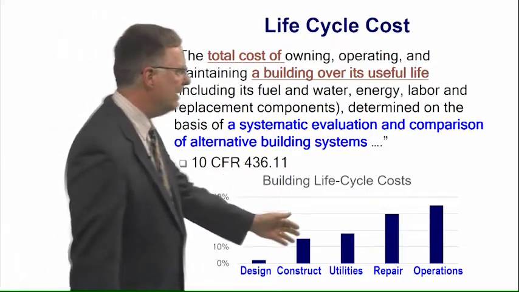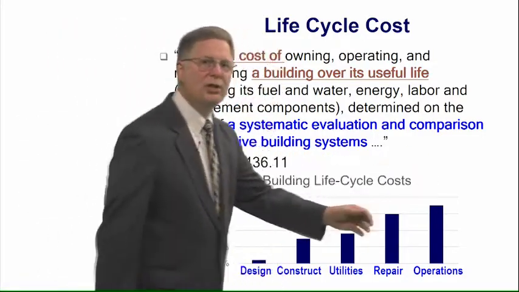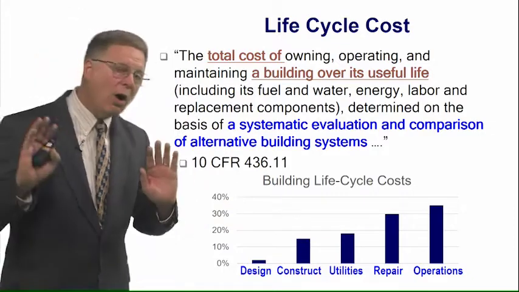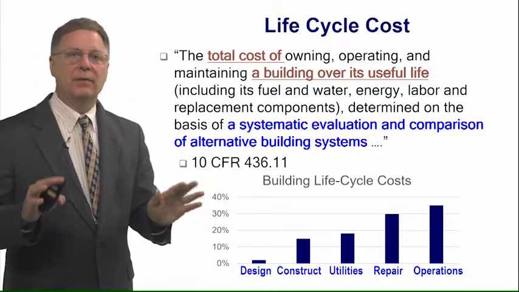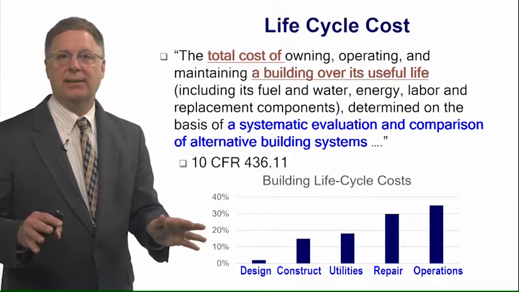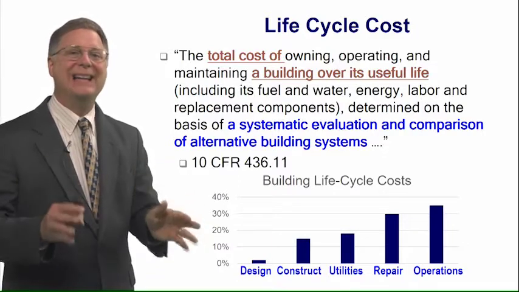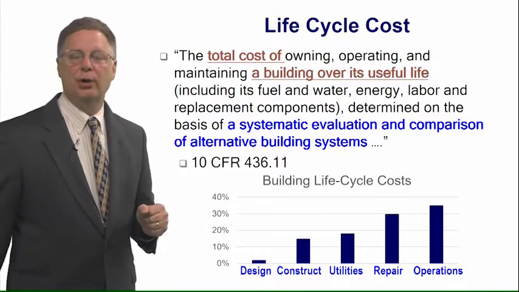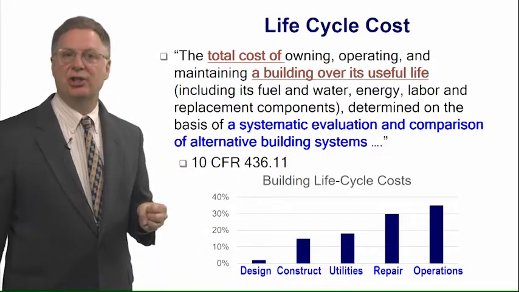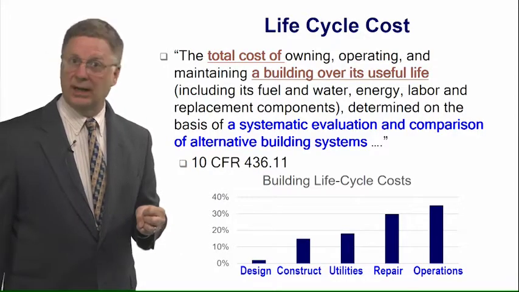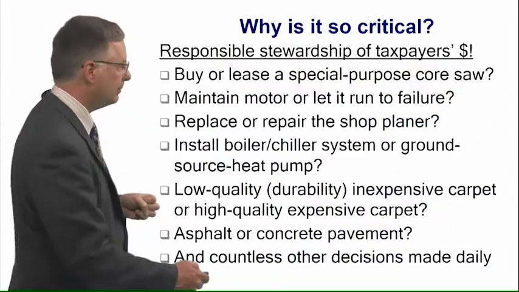The utilities, the repair, the operations far outweigh the initial construction of that facility. And so those things have a dramatic impact on the long-term decisions that you have to make as far as what kind of building systems you put in there.